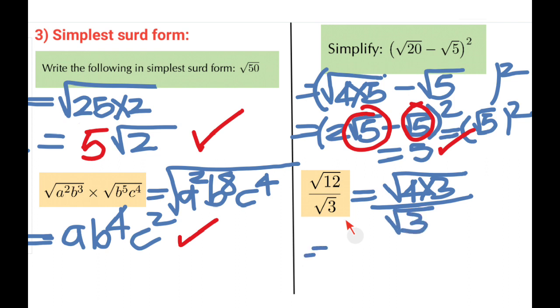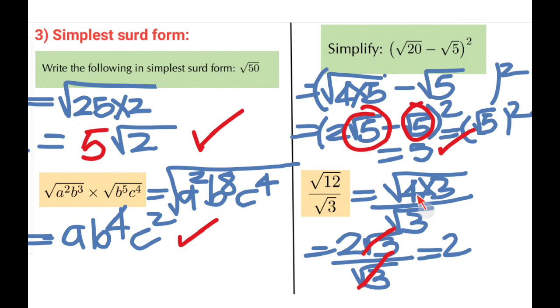Take out the square root of 4, so that's 2 square root of 3 over square root of 3. The square roots of 3 cancel out and you're left with just 2. And that's your answer there.